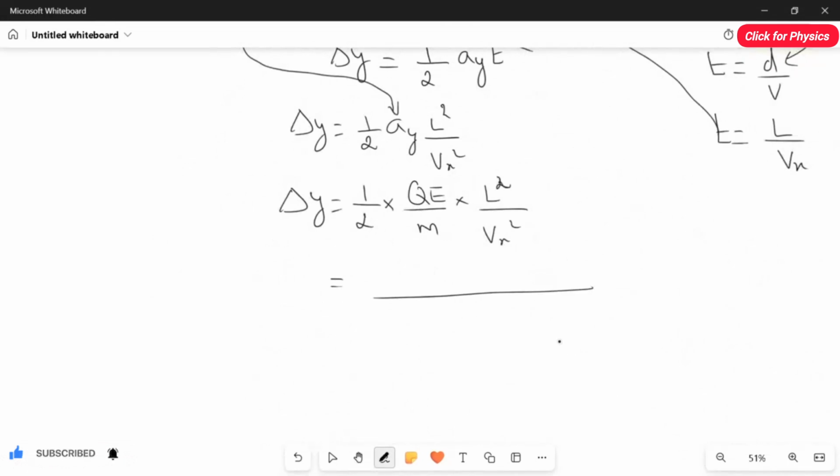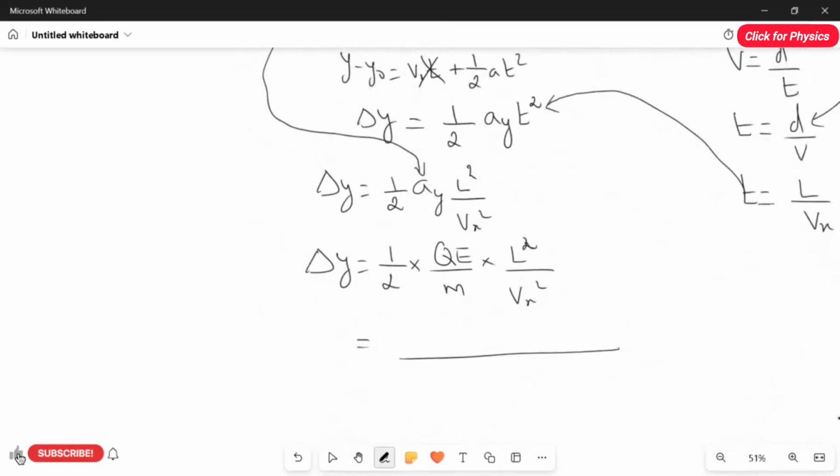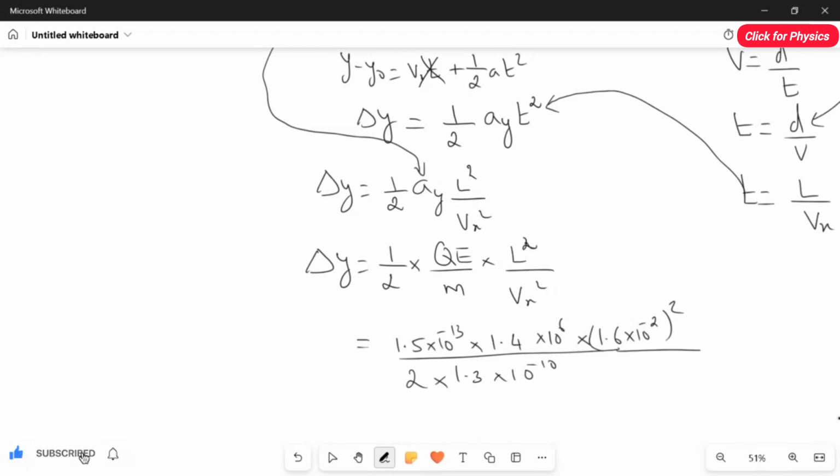In place of q, I have to substitute 1.5 multiplied 10 to the power of minus 13, and then the electric field value is 1.4 multiplied 10 power 6, and then the length of the plate, which is 1.6 multiplied 10 to the power of minus 2, and this is a whole square over 2 multiplied by the mass of the ink drops, which is 1.3 multiplied 10 power minus 10, and then the speed, which is 18 meters per second.